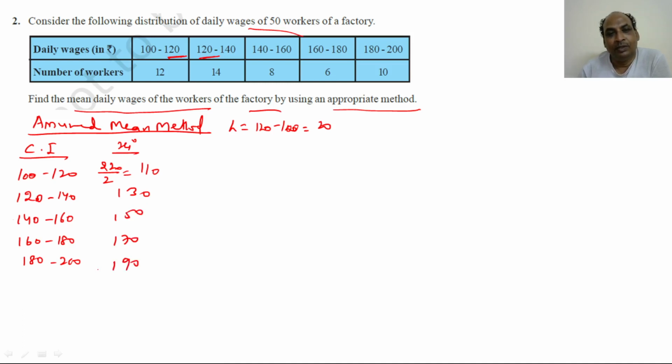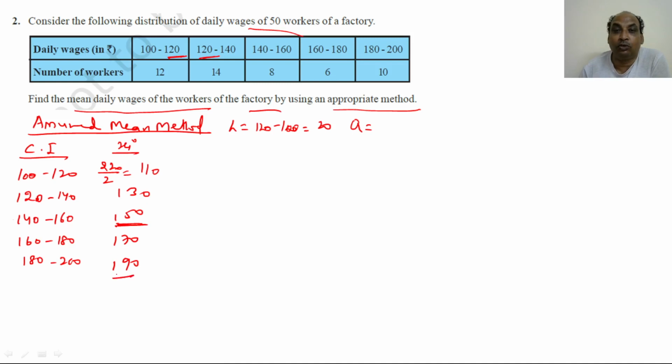Now, let us assume from this xi: we need to assume any one number as the assumed mean, A. Generally we take the one which is in the middle. It is not compulsory.